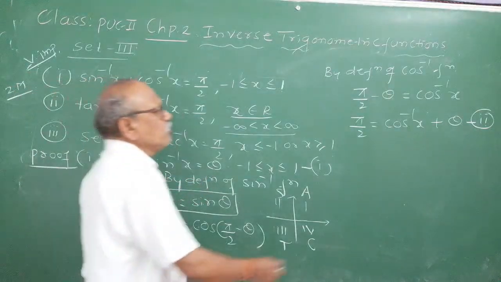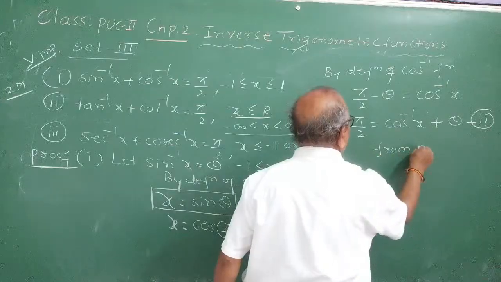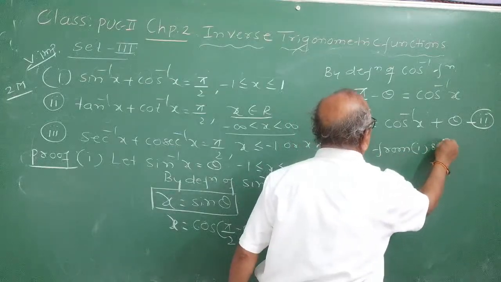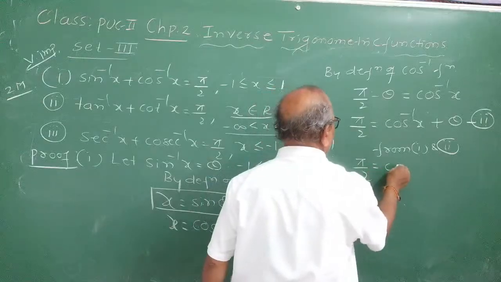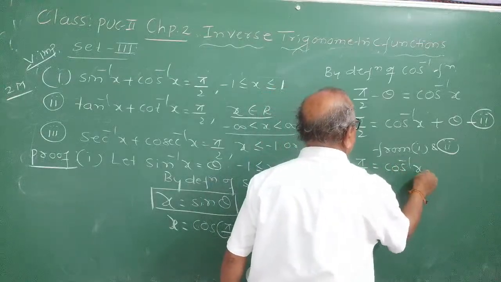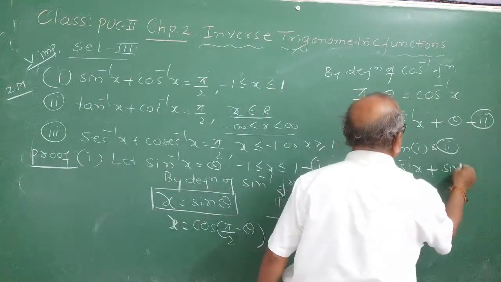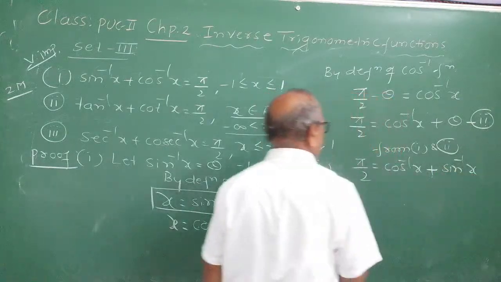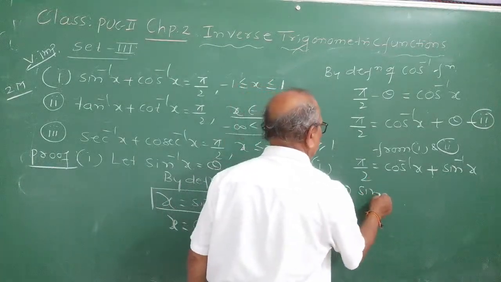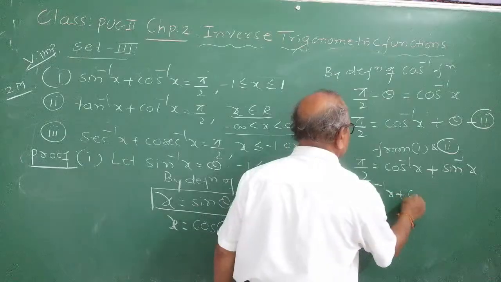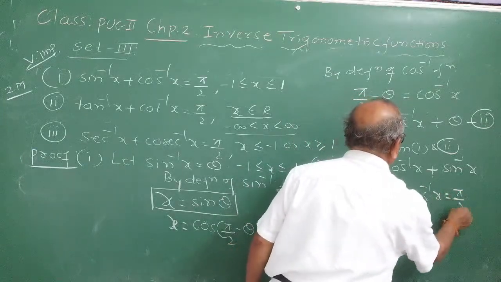Now you can write from 1 and 2, pi by 2 is equal to cos inverse x plus theta, which is sin inverse x. Thus, we proved that sin inverse x plus cos inverse x is equal to pi by 2.